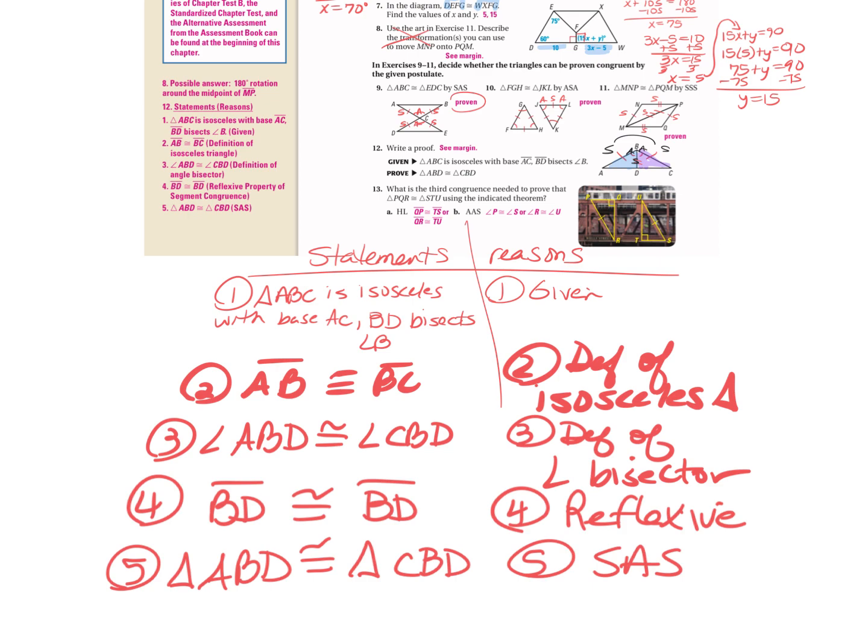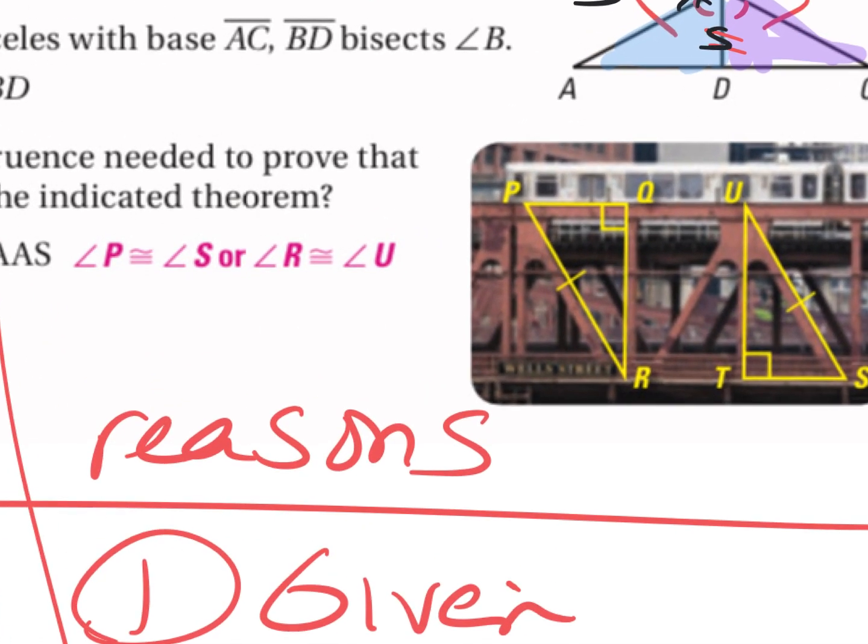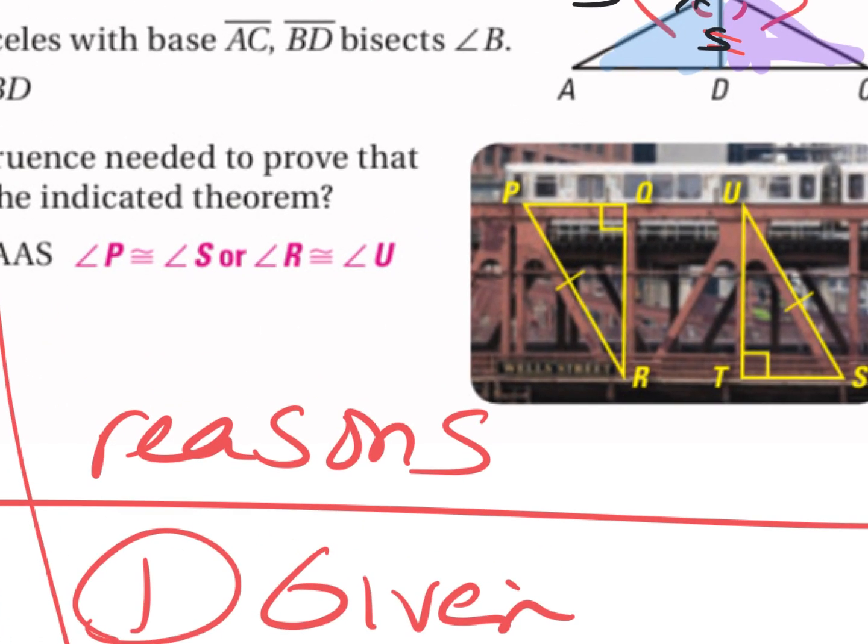So the last one says, what is the third congruence needed to prove that triangle PQR is congruent to STU using the indicated theorem. So in order to show that these are congruent using hypotenuse leg, I would have either needed a congruency mark on this leg and this leg, or a congruency mark on these two.